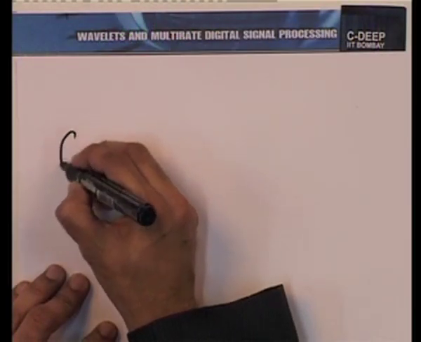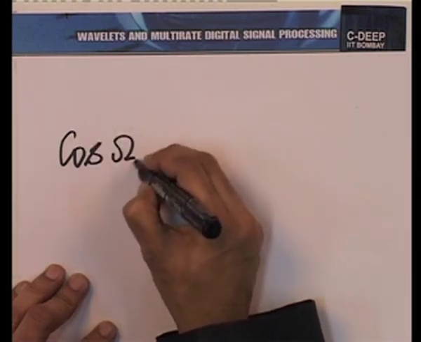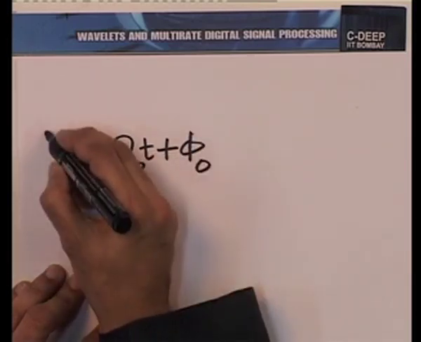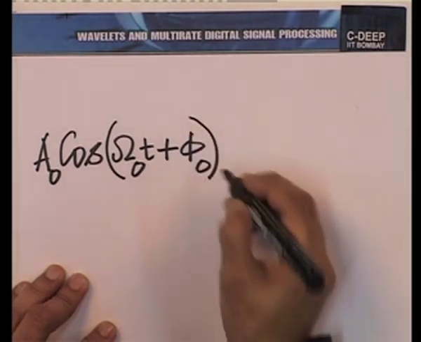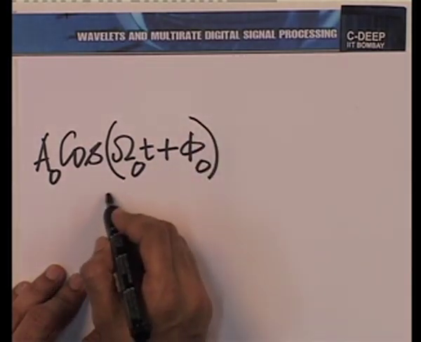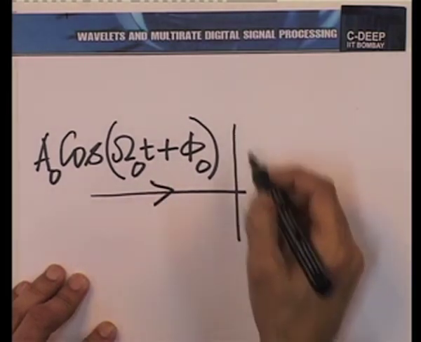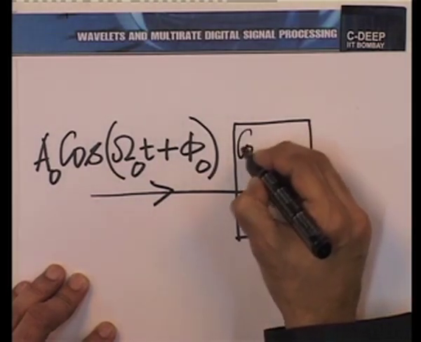Suppose we fed a sine wave, let us say A naught cos of capital omega naught t plus phi naught. So, amplitude A naught, frequency capital omega naught, phase phi naught, to a continuous time filter.